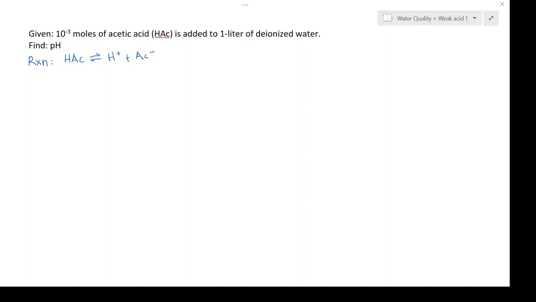This reaction has an equilibrium constant that's described as a K, and we use a subscript A to denote that it's an acid. The value for acetic acid is 10 to the minus 4.7, meaning that acetic acid has a pKa value of 4.7.